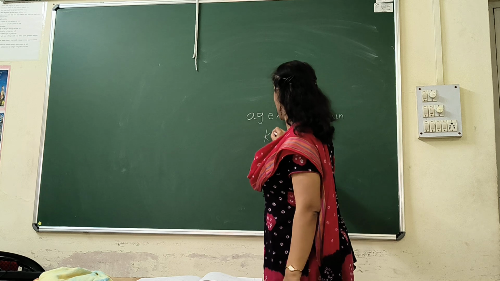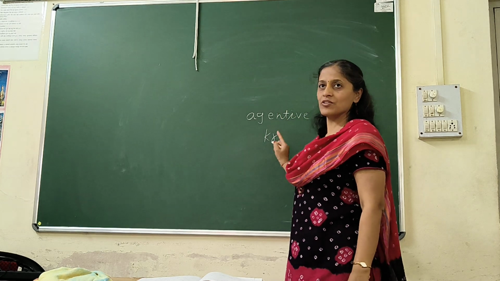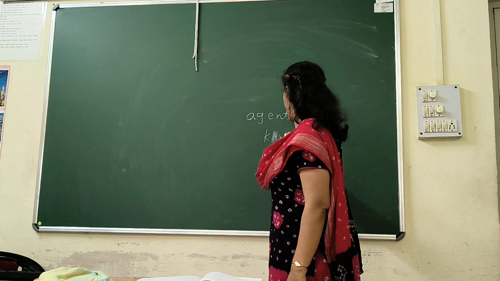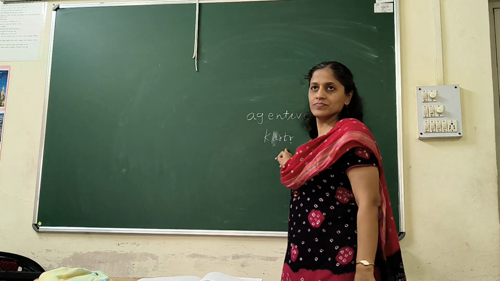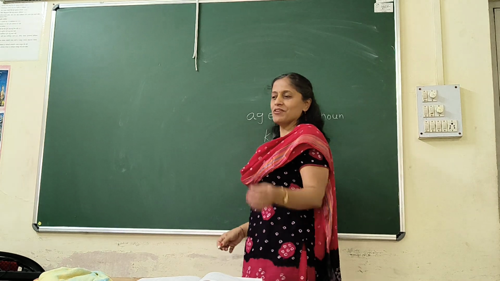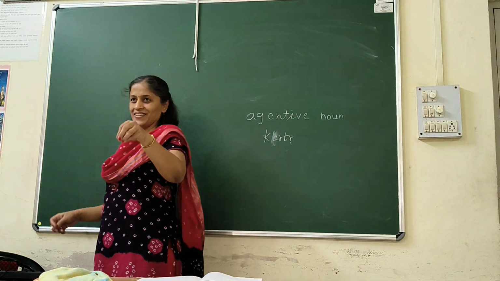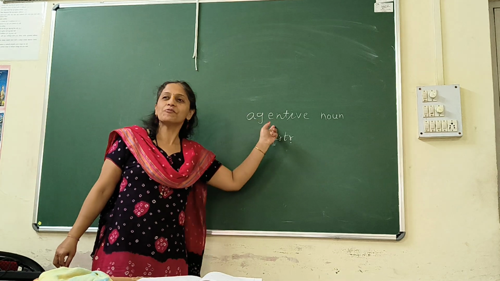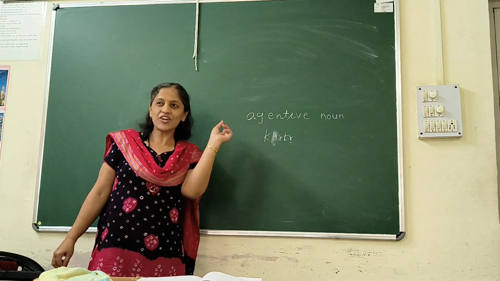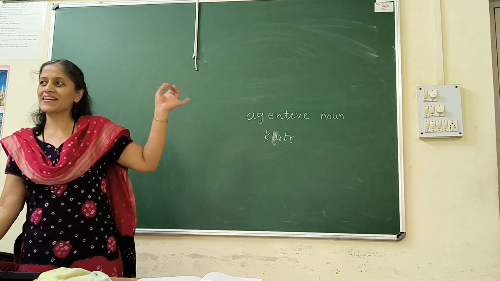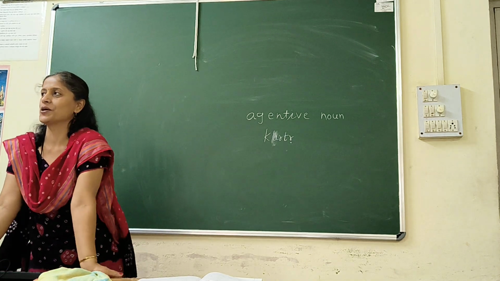So crew is action, and one who does that action, doer. Got it? So that is agentive noun. The one who does that action. Because this agentive word, I used it, but I did not write it. I just said it, agentive noun. When I wrote it, you understood what is agentive noun.